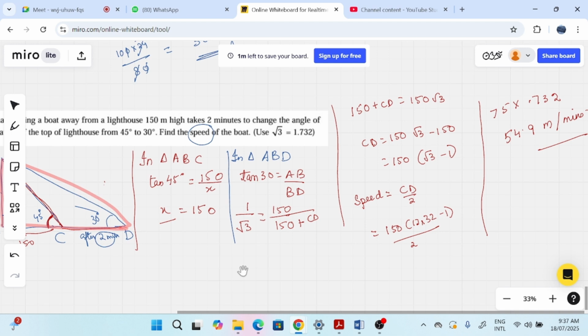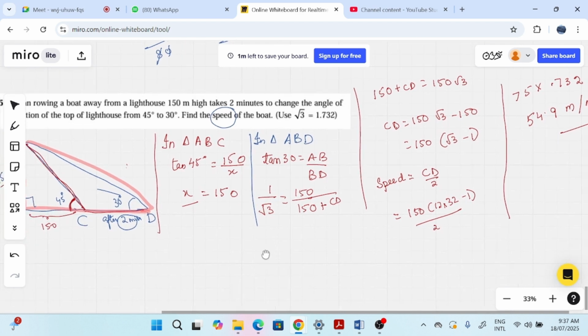But why I said in minutes is, here the units are given in meters and minutes. So I asked you to keep it like that. If you're converting it into seconds, that's also fine. So, ma'am, it's not wrong. No. Ma'am, I had got the answer as 54.8. Is that alright? Yeah, that's all right.